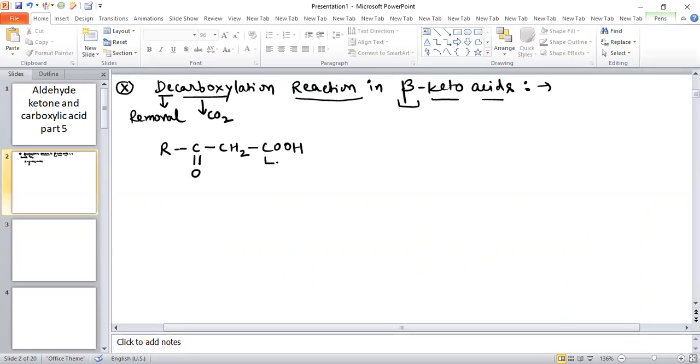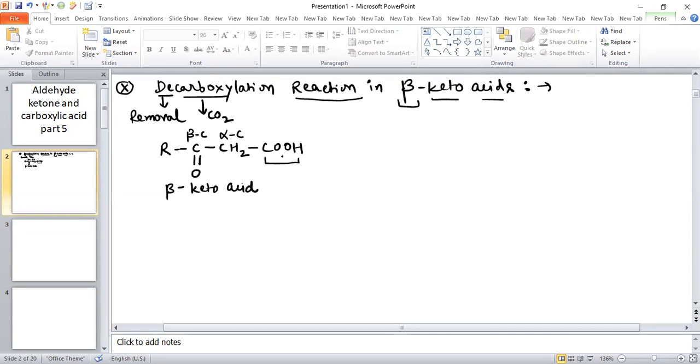With respect to this carboxylic acid, this is the alpha carbon, and this is the beta carbon. So you can see that at the beta position there is a ketonic group present. Therefore we call this compound beta keto acid.